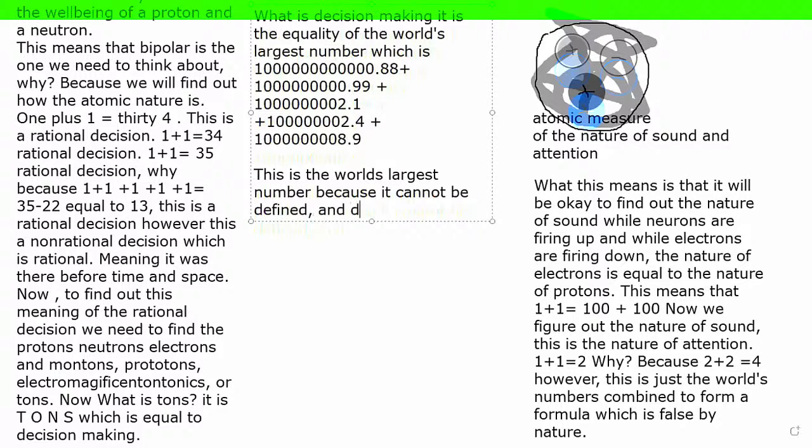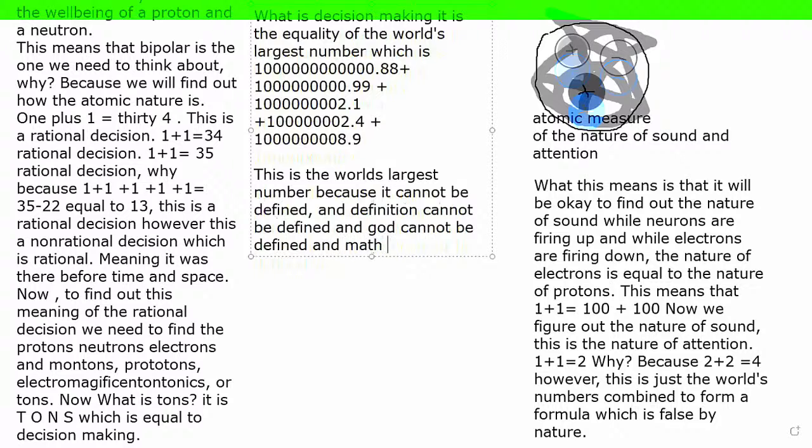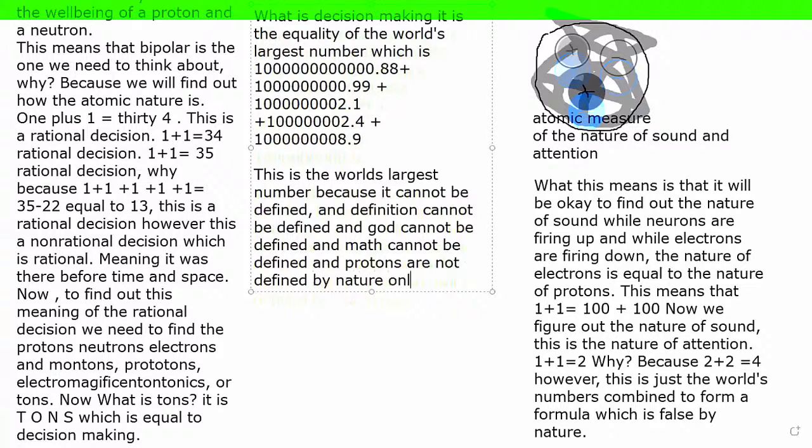And definition cannot be defined. And God cannot be defined. And math cannot be defined. And protons are not defined by nature only when the 1 is equal to 2 and the 2 is equal to the 3.